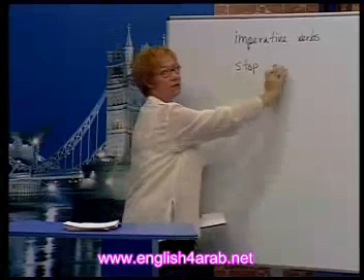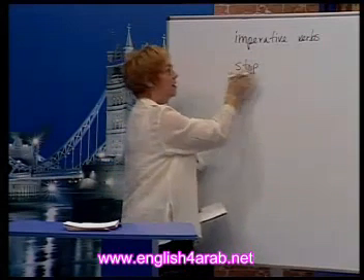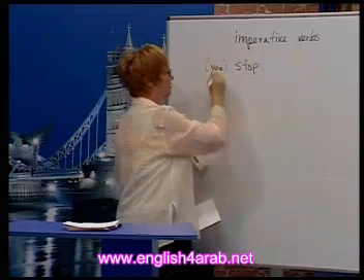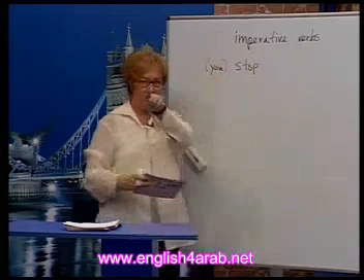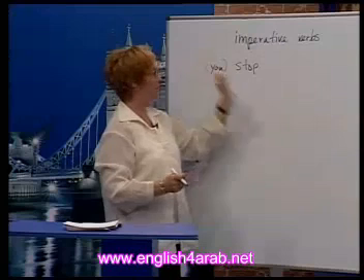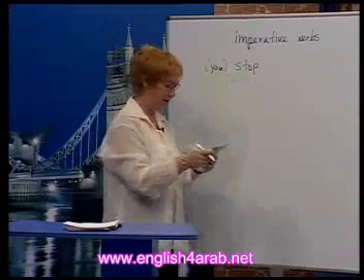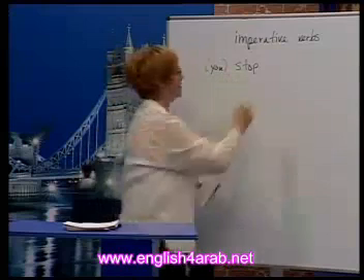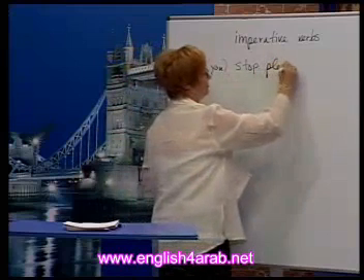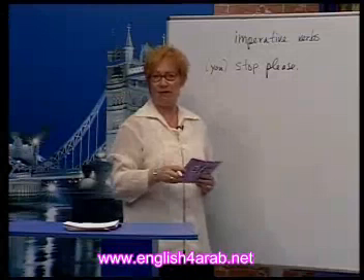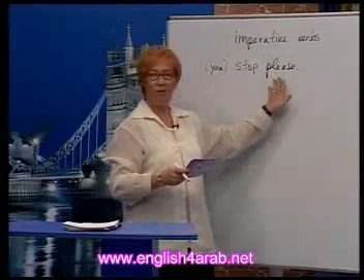No S, no nothing. Only this. Now, we understand that the subject is you. We know this. You stop. Okay? But we don't write it. Only stop. All right? Now, we can make it nicer by saying please. Stop, please. Or, please stop. Okay? This makes it more polite.